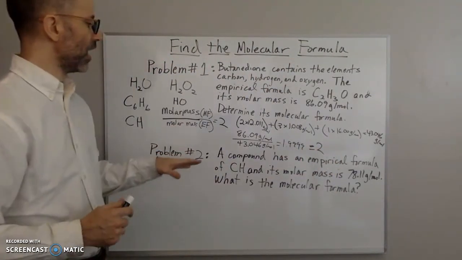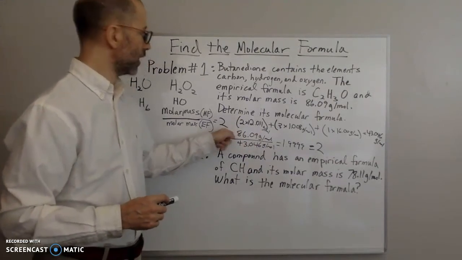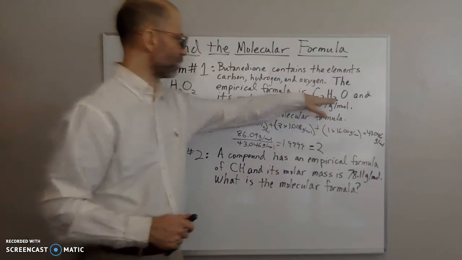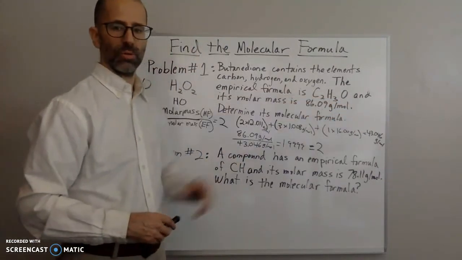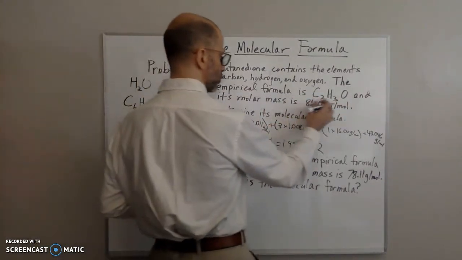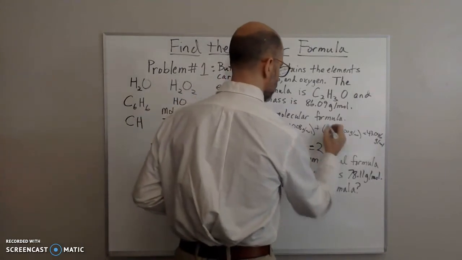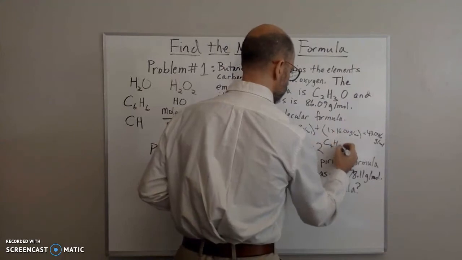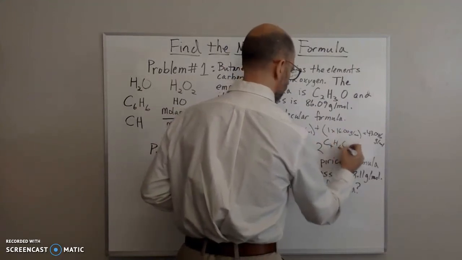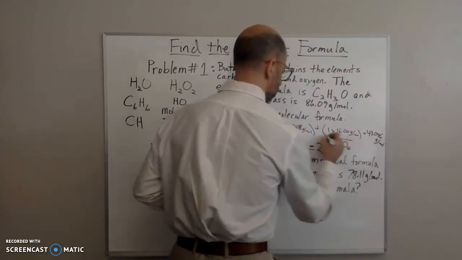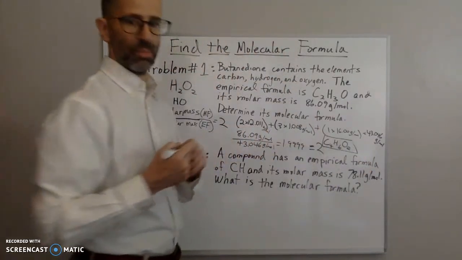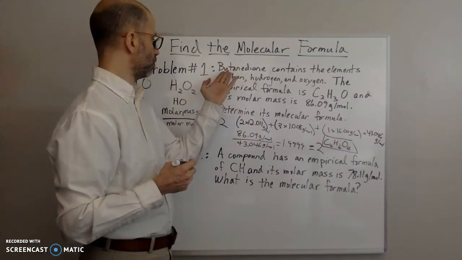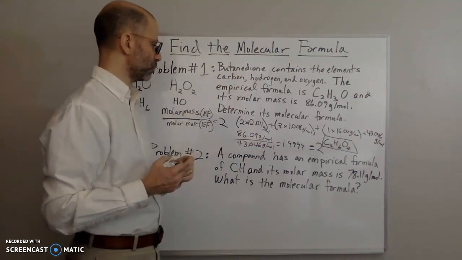So to get the molecular formula, I need to multiply the subscripts by 2, right? If I multiply by 2, I get C4, 3 times 2 is 6, H6, and 1 times 2 is 2. So this becomes the molecular formula for butane dione.